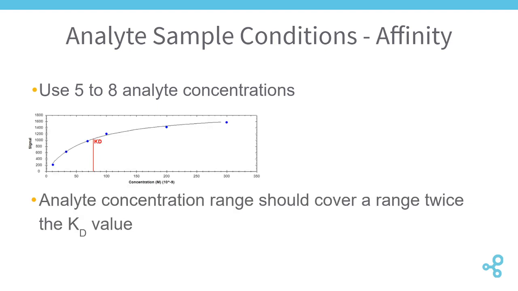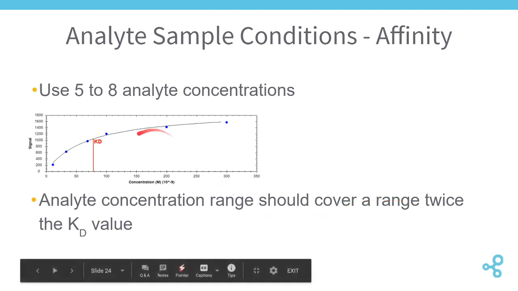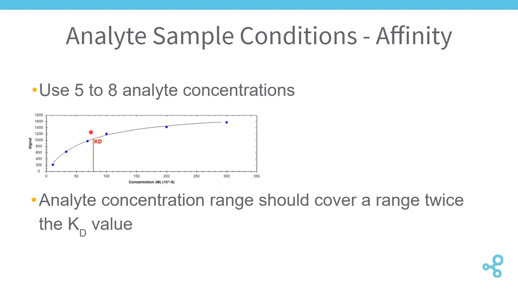The reason for that is each analyte response curve is going to equate to 1 data point on our concentration versus response graph. So we want to make sure that this concentration range covers the full range of our KD values. We want at least a couple of data points on the low end of our concentration signal graph and a couple on the higher end.